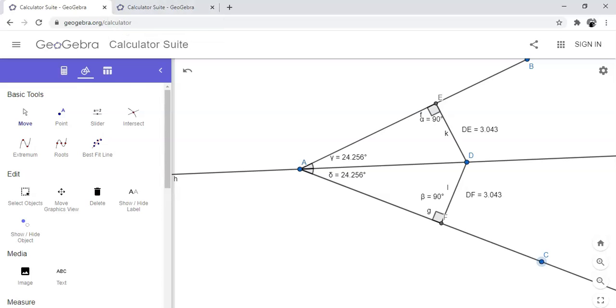So again, if a point is on the angle bisector, then it must be equidistant to the sides. Note that to have the true distance to the sides, then it must be perpendicular to the side. The converse of that would also be true. That's the Angle Bisector Theorem and its converse.